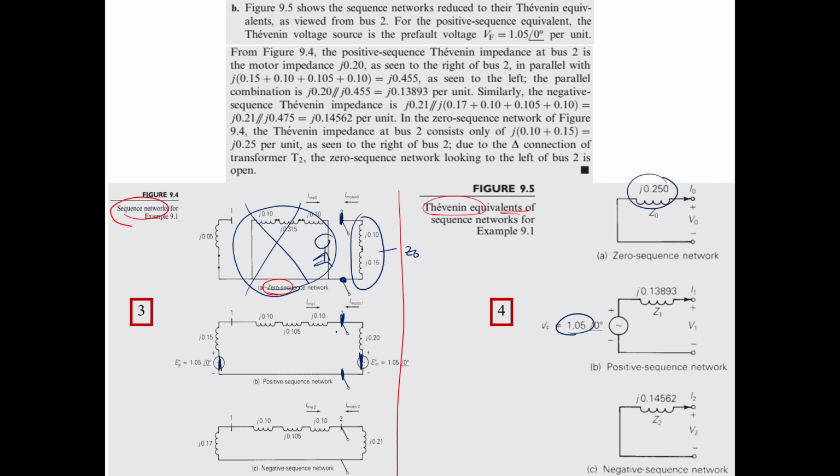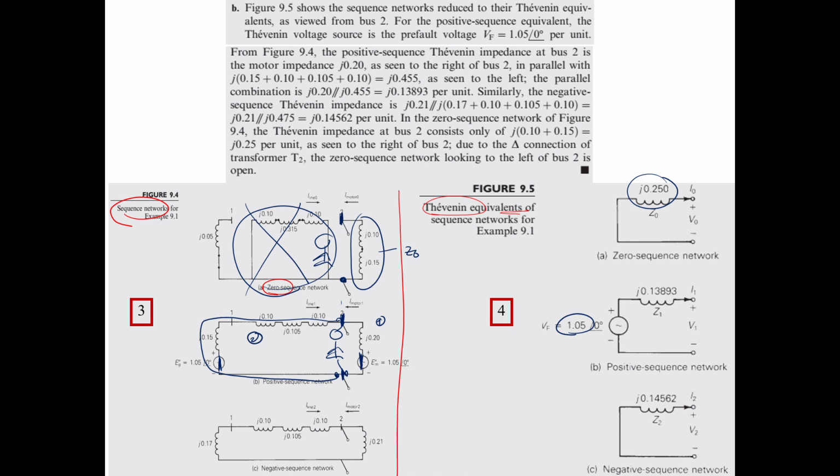When you look at this point, you see that from this point and this point, we have two branches. One branch is here, and the other branch is connected like this to the same position. So you have one branch and the other branch here. The Thevenin equivalence, looking from this point, is that these two branches have the same voltage drop.